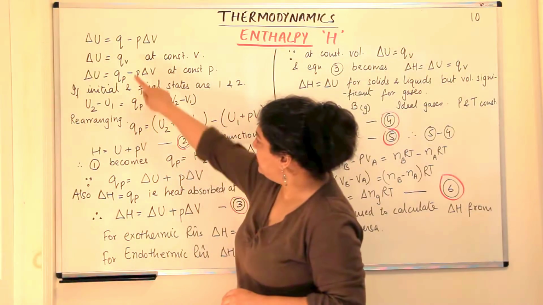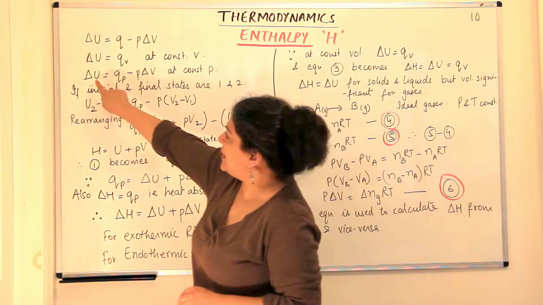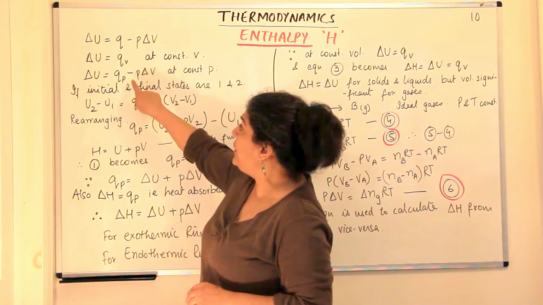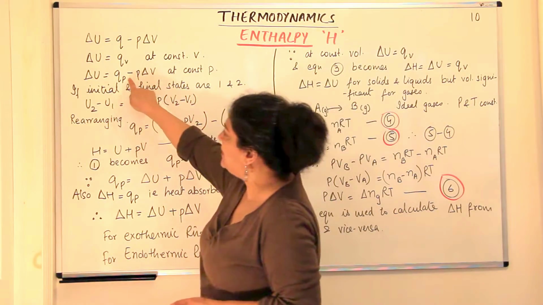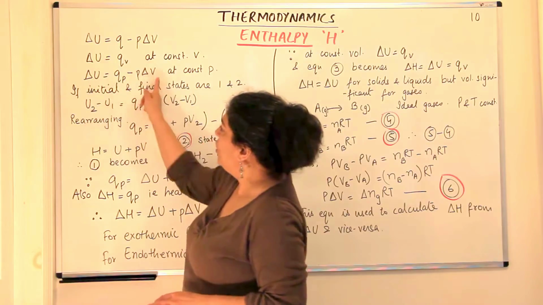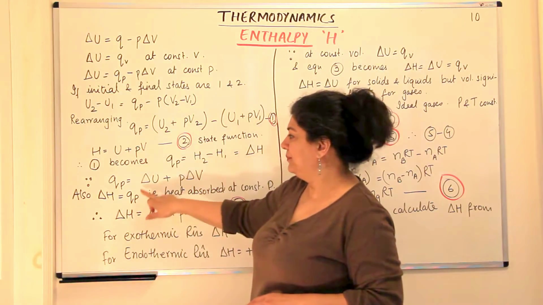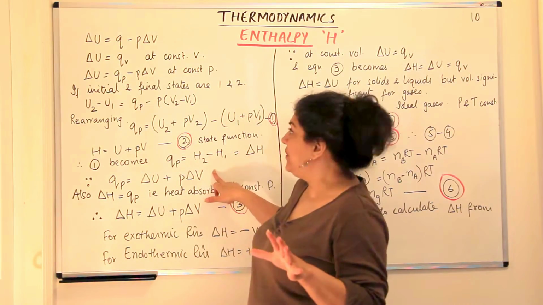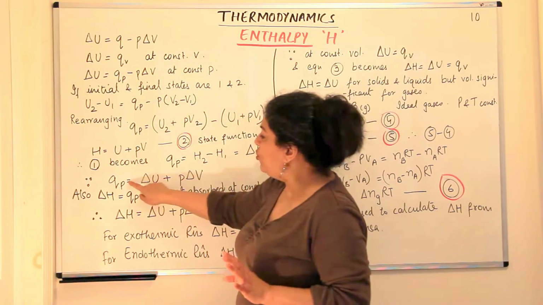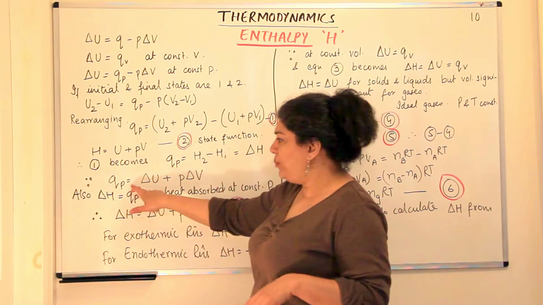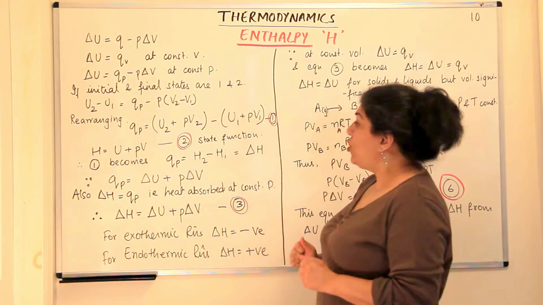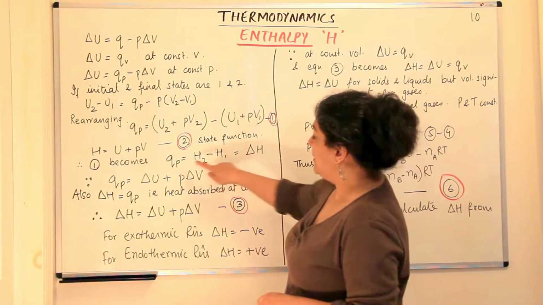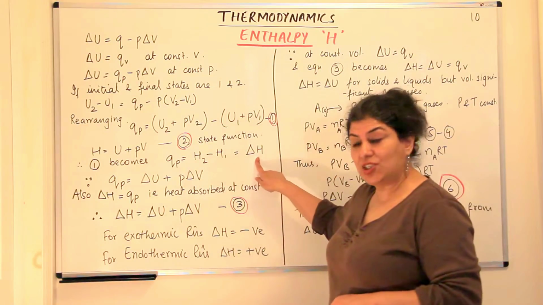Now we are going back again. We know this equation, that delta U was equal to QP minus P delta V. So we can rearrange this equation and write QP as equal to delta U plus P delta V, right? We just rearranged this equation. So at constant pressure, QP is equal to delta U plus P delta V. Also, we have just found out that QP is equal to delta H, right?